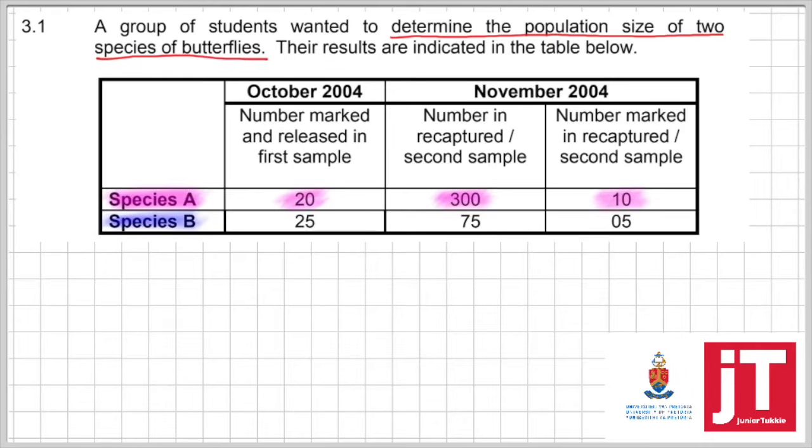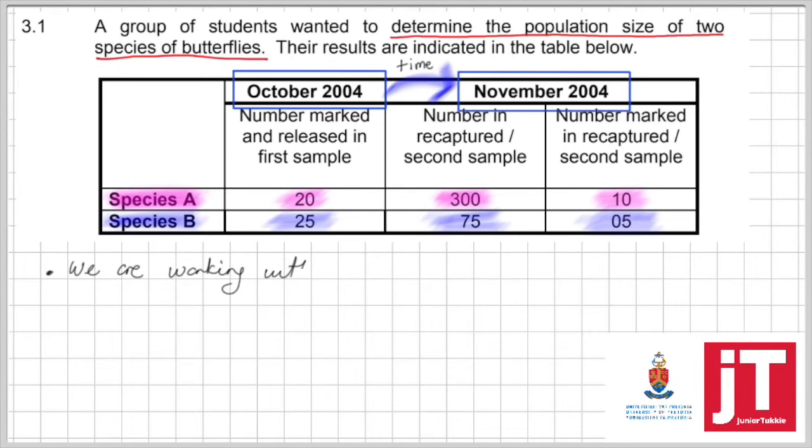If we have a look here, using this data, we'll see that there is a period of time that lapses between the first capture and the second. October to November is 1 month. So the duration here is 1 month, October to November 2004. If we are working with two different species, we need to make sure not to confuse these two with each other.